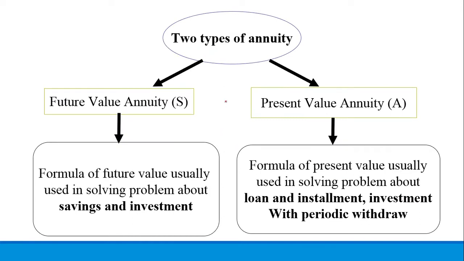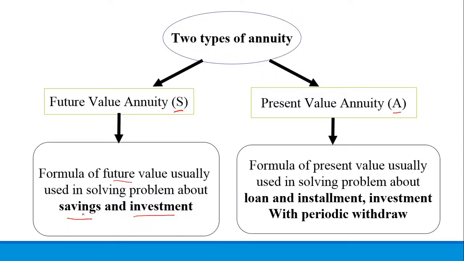These are two types of annuity. First, the future value annuity, which is S, and the present value annuity, which is A. Usually we use the future value formula for saving and investment cases.